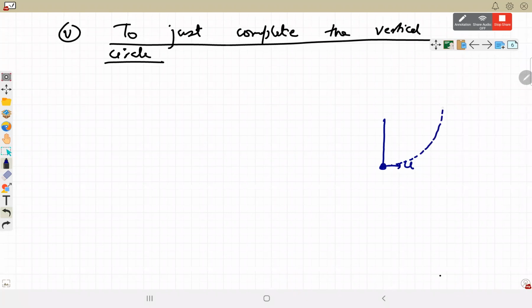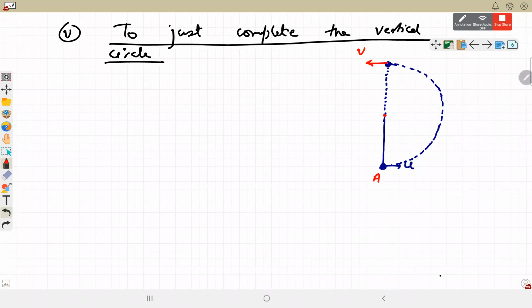So to complete the circle, at every point there should be some centripetal force. Centripetal force means there must be some speed which should be provided by its corresponding centripetal force. So maximum height पे कुछ speed होनी चाहिए, though it has to be minimum speed. Minimum speed means the centripetal force is also minimum.